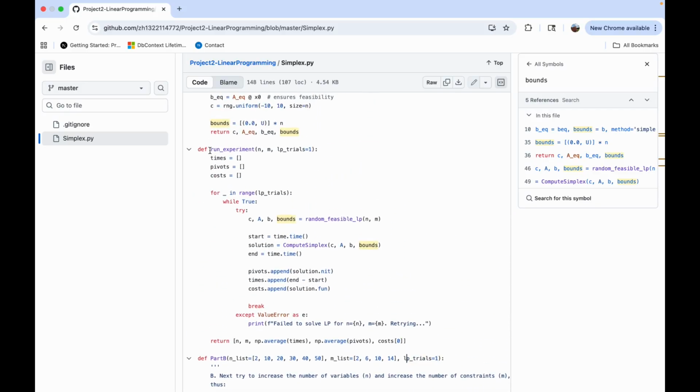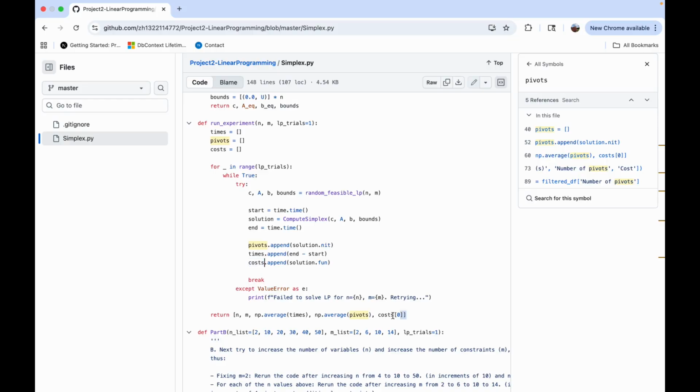Here's the function for run experiment. It's a very simple for loop: record the measured times, append pivots to the pivots list, append time to the time list, append cost to the cost list, and then return the averages right here.